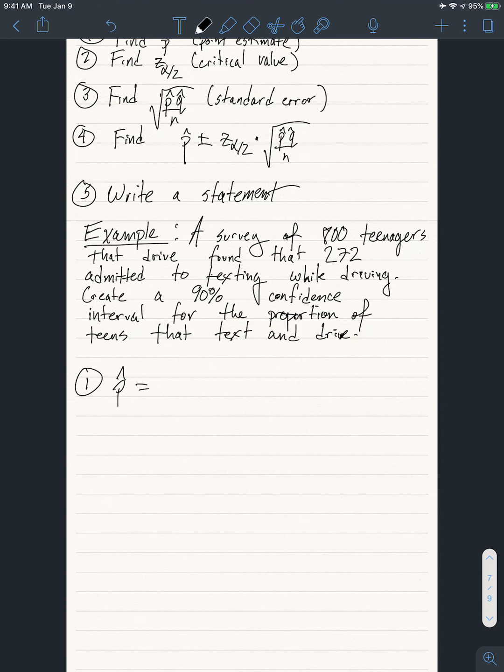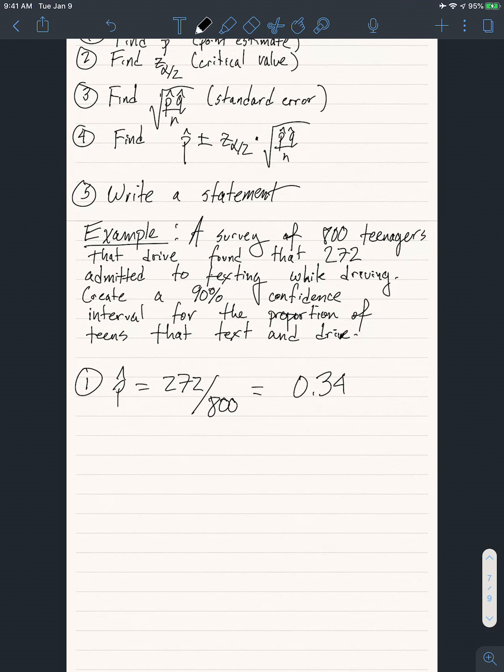What did we find in our sample? We found 272 of the teens out of the 800 admitted to texting while driving. 272 divided by 800 is 0.34. So about 34% of teens in the sample said that they text while driving.